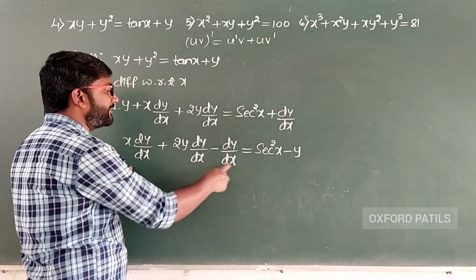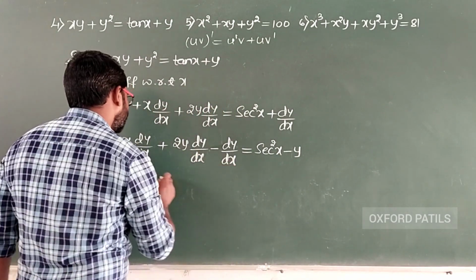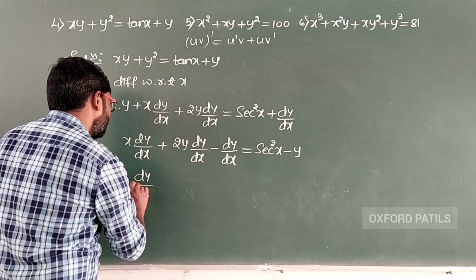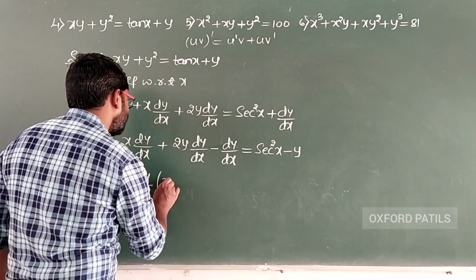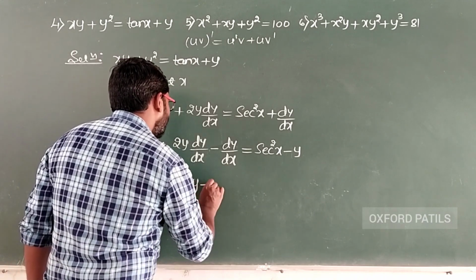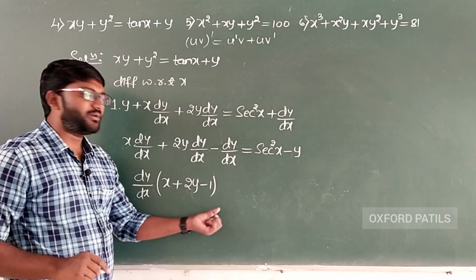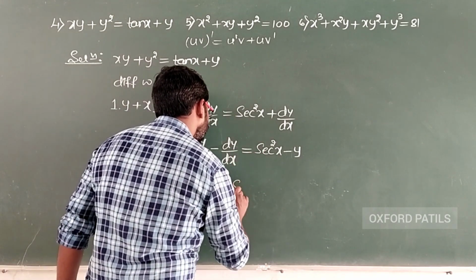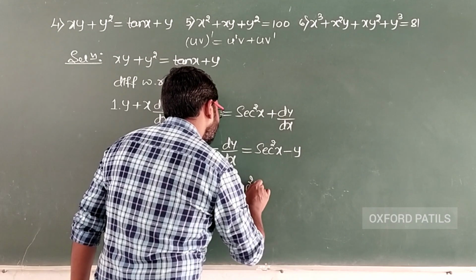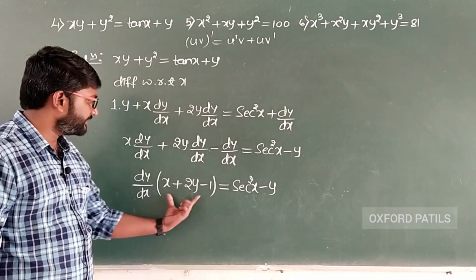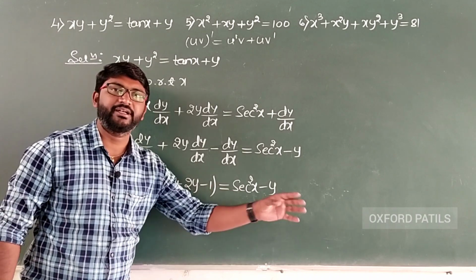Now in these three terms we can take dy by dx common. So let us take dy by dx common. And what are the terms left out? X plus 2y, then minus 1. This is equals to secant square x minus y. Now we need only dy by dx. Take this term to the right hand side, it goes to the denominator.